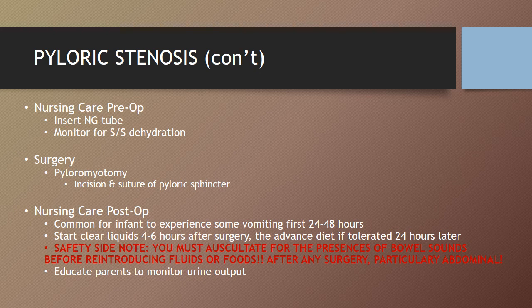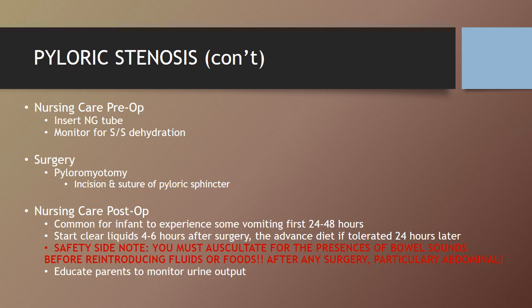Safety side note, and this is in red for a reason. You must always auscultate for the presence of bowel sounds before reintroducing fluids or foods. This is after any surgery, particularly abdominal surgery. As we know, everything goes to sleep when you're in surgery, so you're at higher risk for an ileus.